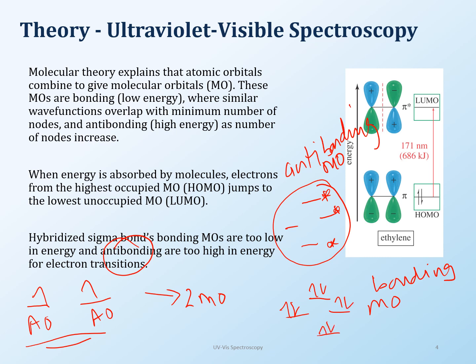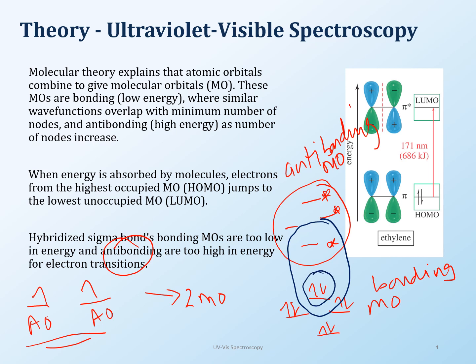So what happens in UV spectroscopy is that you have an electron transition going on when you provide energy to a molecule. This is what happens.